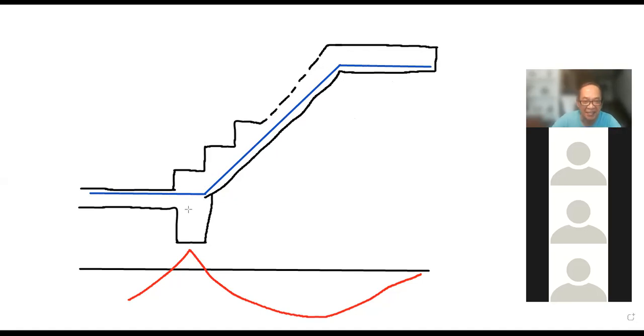Tapi it is insufficient. So I still need to have this black reinforcement ni is my reinforcement from my adjacent slab that is now anchored ke dalam staircase. It's not something that I designed.